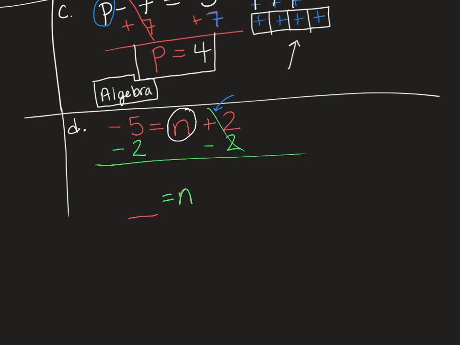This right here, imagine that there's like an invisible plus sign right here. Negative 5 plus negative 2. If you have 5 negatives, 1, 2, 3, 4, 5, and then you have 2 negatives, how many do you have altogether? None of them cancel. You have negative 7. So your answer is n is equal to negative 7. You can also write it like this, negative 7 equals n, once you have an answer. Those are equivalent.